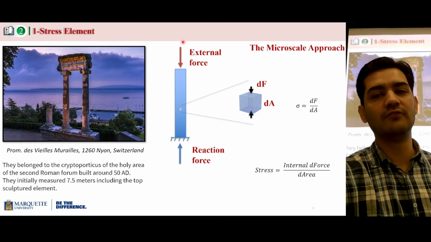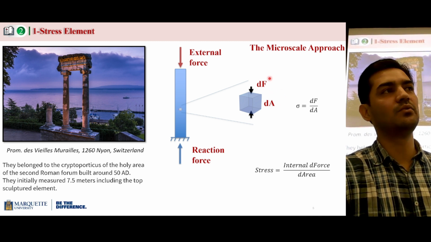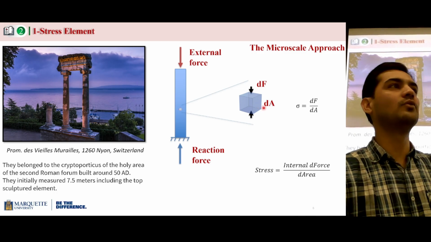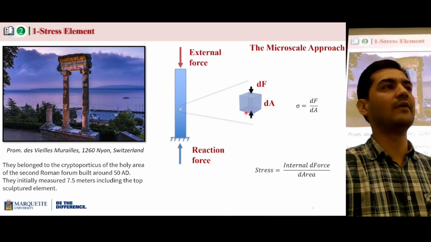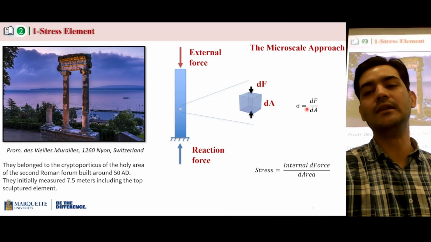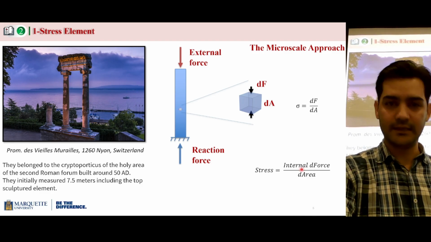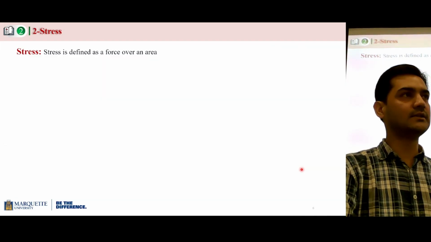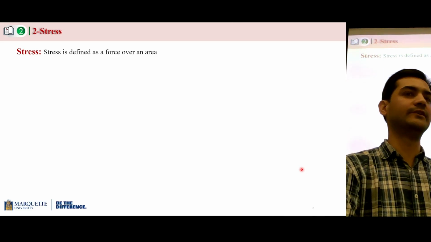So in that case, only one force is acting, so we can see the stress from a micro scale approach as well. And this cube which we have extracted is called a stress element. And the formula is the same, basically force divided by area. So that's the definition. Stress is defined as force over an area, so force divided by area.